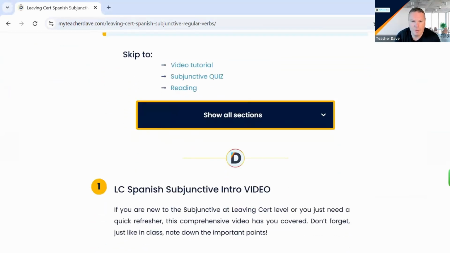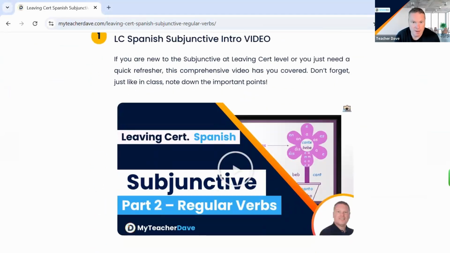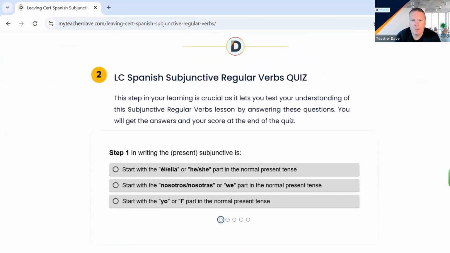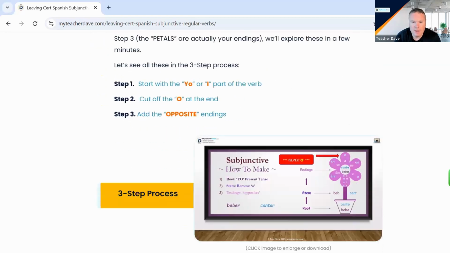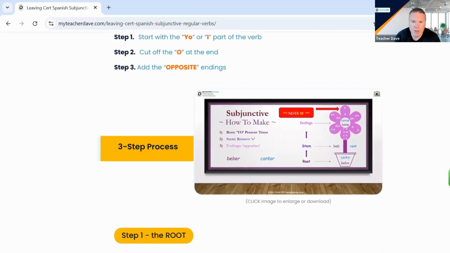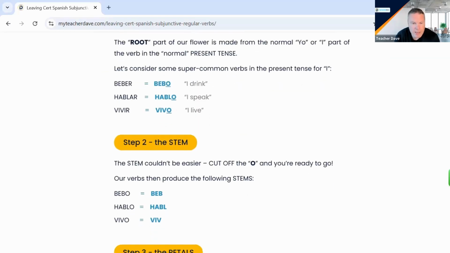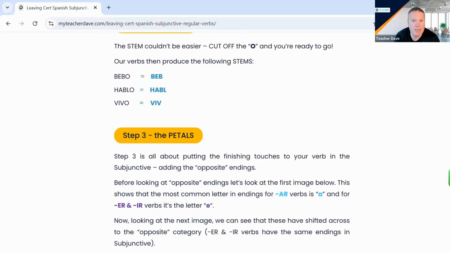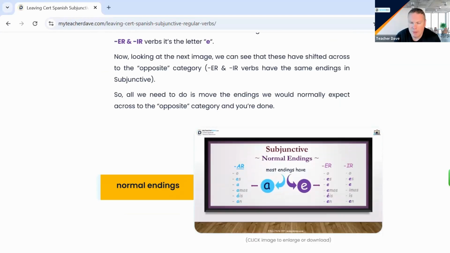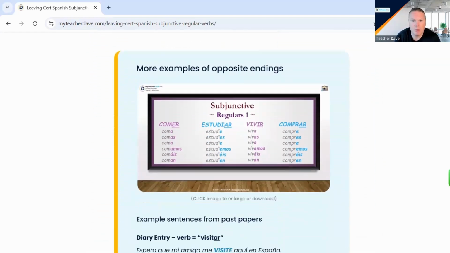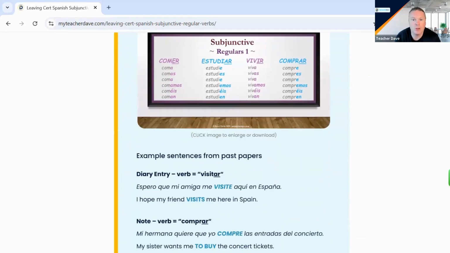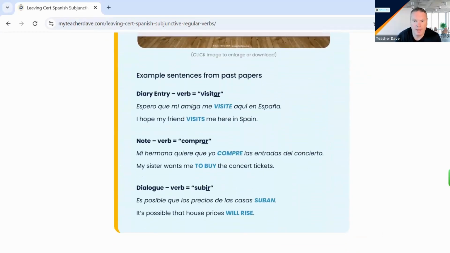You have your video tutorial that explains everything, goes into detail, but simplifies everything for you. You have a little quiz there that you can test your own understanding. And like a lot of students, you can enjoy reading a little bit about it. Lots of people do enjoy reading the information as well. Everything is broken down into colorful little chunks for you on that web page.